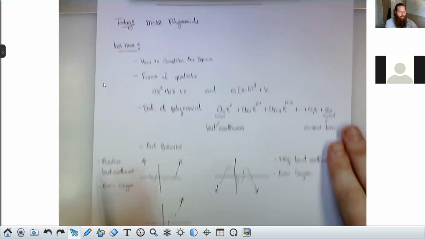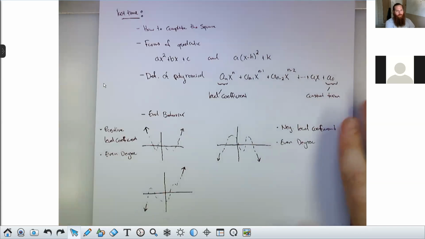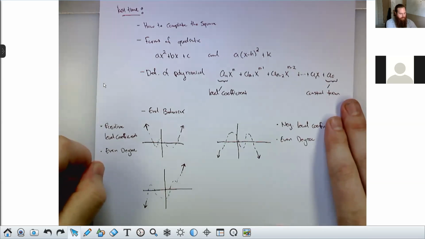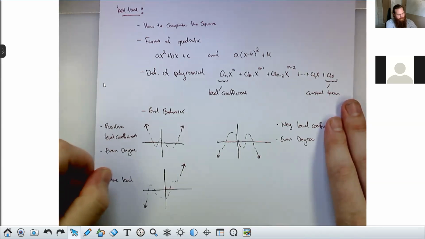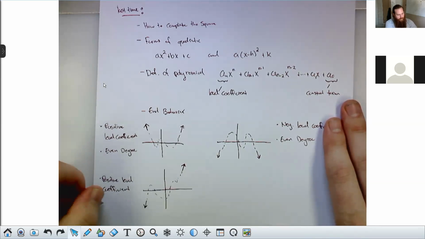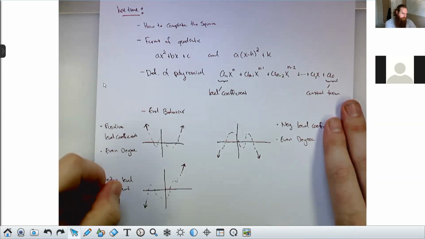If the arrow is going down on the left and up on the right, then this is a positive lead coefficient and an odd degree.